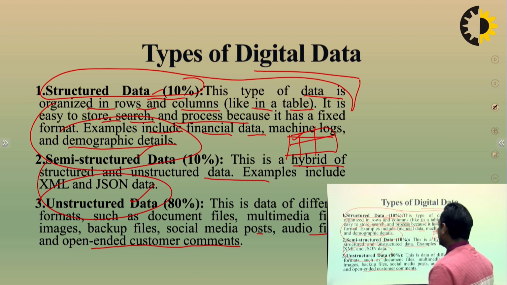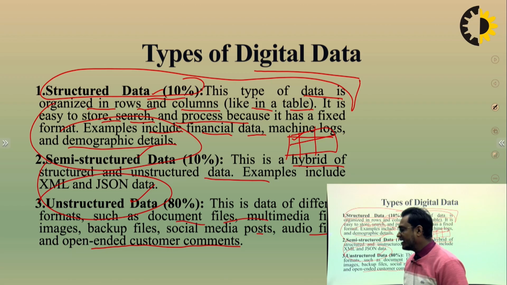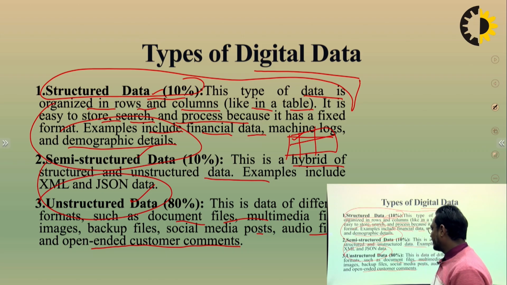Semi-structured data is a hybrid of structured and unstructured data, for example XML. Unstructured data is in different formats such as document files, multimedia files, image files, backup files, social media posts, audio, open-ended customer comments, and so on.